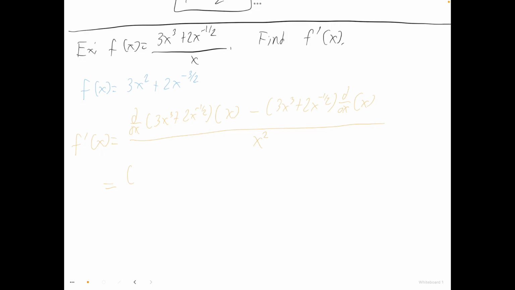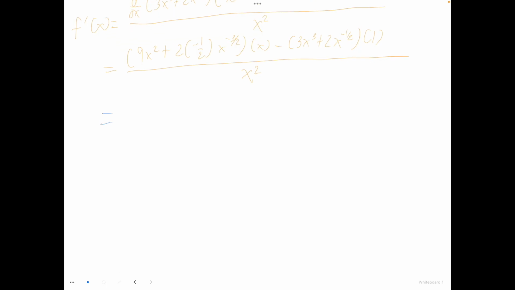Computing this derivative, we're going to have 9x squared minus 2, plus 2 times minus 1/2 x to the minus 3 halves, just using the power rule, times x, minus 3x cubed plus 2x to the minus 1/2. And the derivative of x is just 1, all divided by x squared.